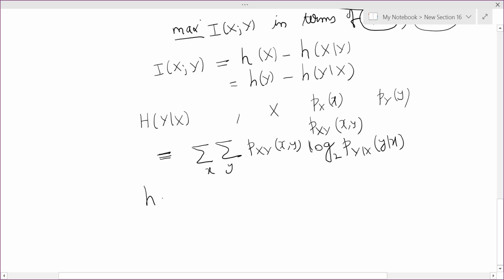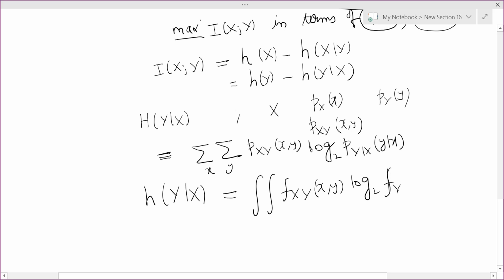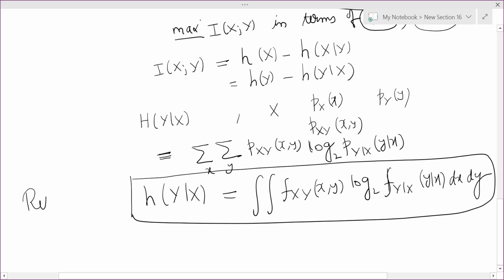Now in the continuous case, what will we do? As usual, replace the summation with an integral. Instead of the joint PMF, we will have the joint PDF, the joint probability density function. Instead of the conditional PMF, we will have the conditional f_{Y|X}, and we will have dx dy. This is the differential conditional entropy.